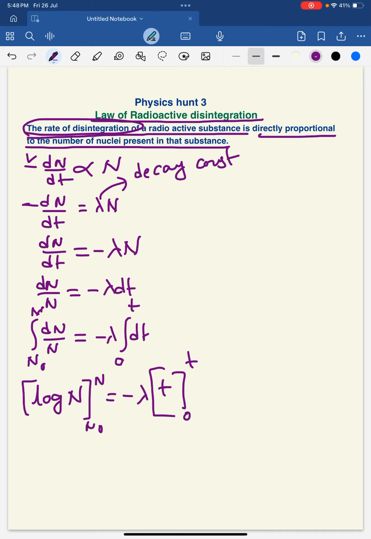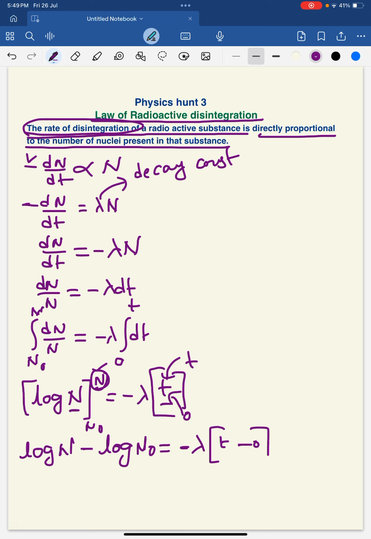Now I'm going to substitute N and N naught in place of the limits. The maximum value is N, so I'm writing log, substituting this maximum N. So log N minus log N naught is equal to minus lambda into, first substituting this t, t minus 0.